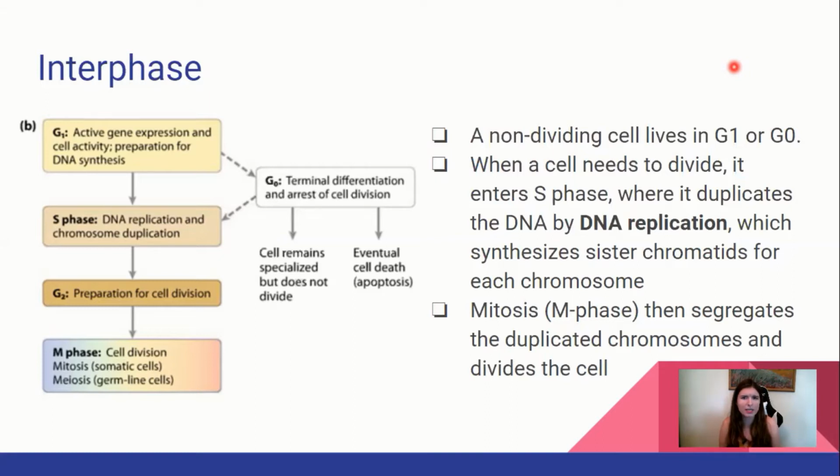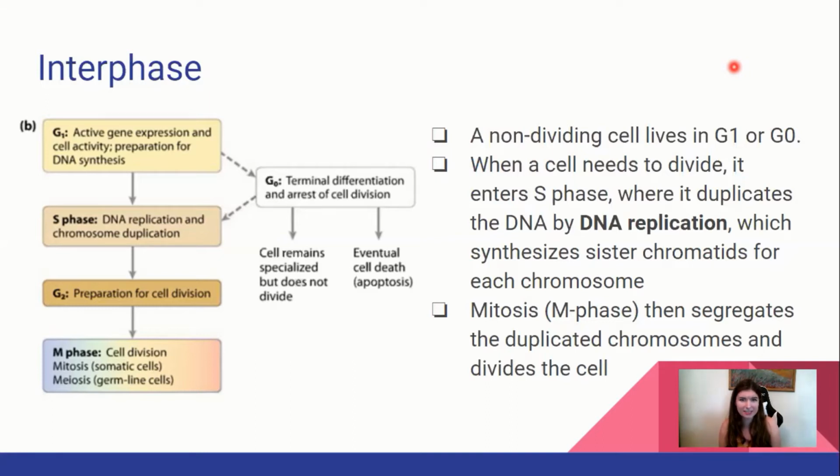We're going to talk in the rest of this lecture about how DNA is packaged into structures called chromosomes. So we're going to copy each of those chromosomes in S phase to create something called sister chromatids. And we'll get into what that means in a second.